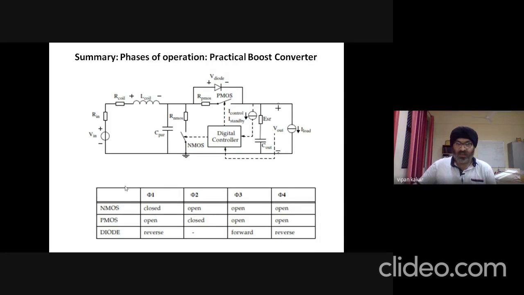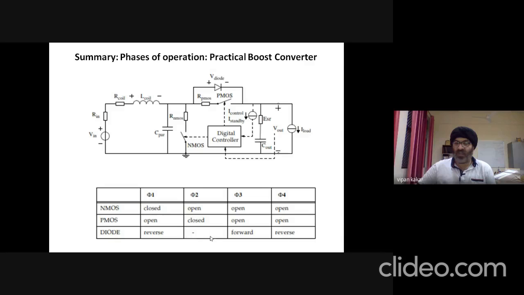This is just a summary of the phases of operation which I just described in the previous four slides. In phase 1, NMOS is closed, means switched on, and PMOS is opened, and the diode is reverse biased. We know that. Now in phase 2, NMOS is opened or switched off, and PMOS is closed, switched on.